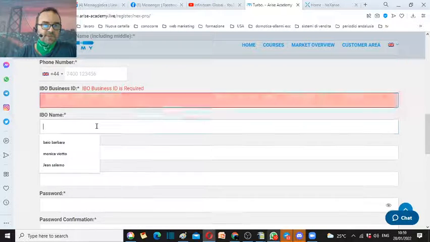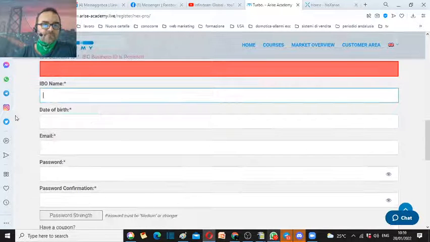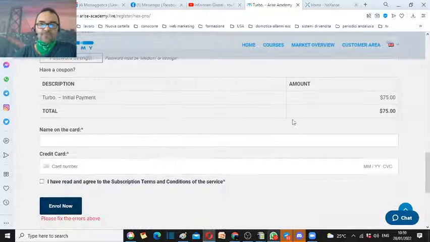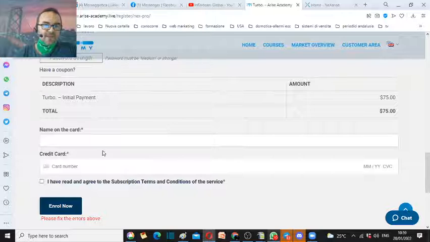You have to put it here. Your date of birth, email, and after it you have to put your credit card number.